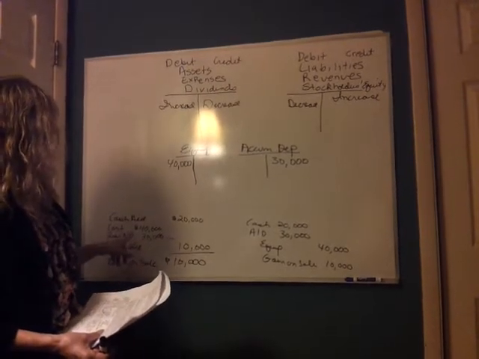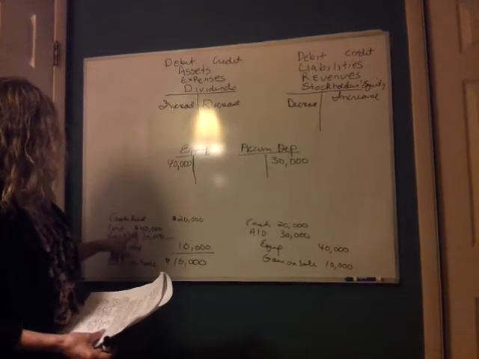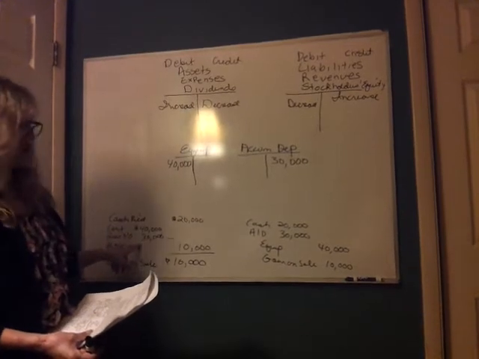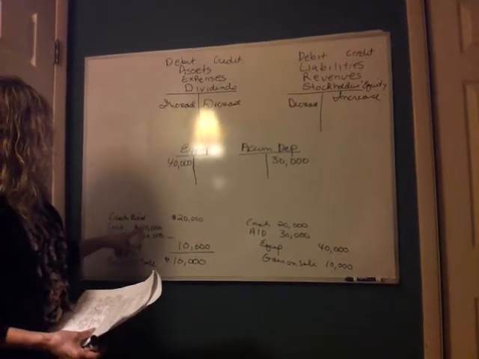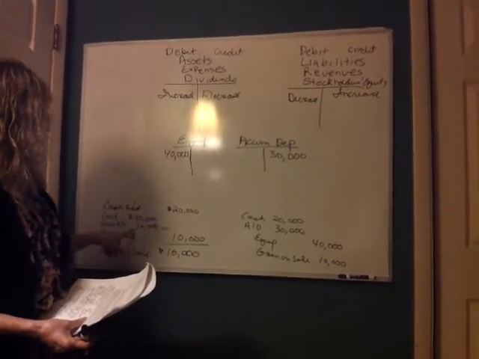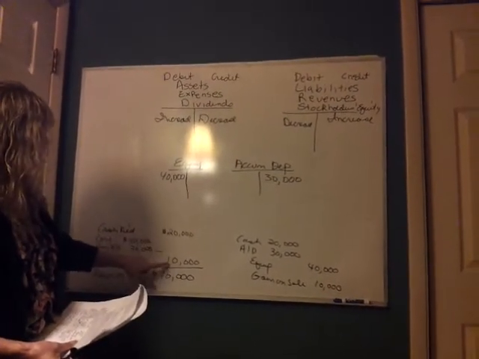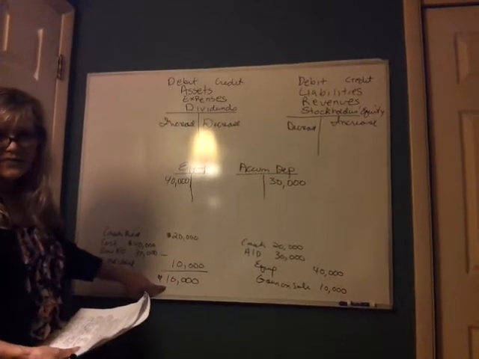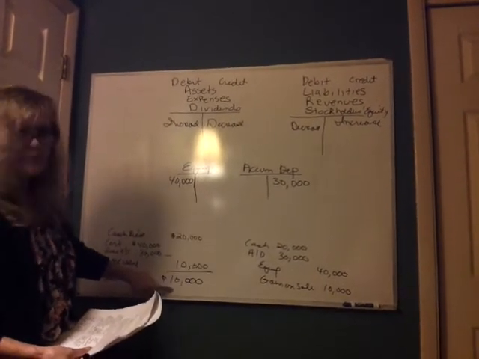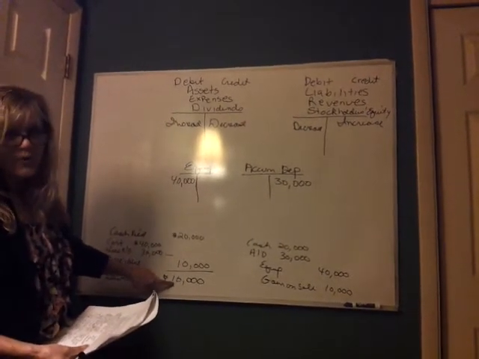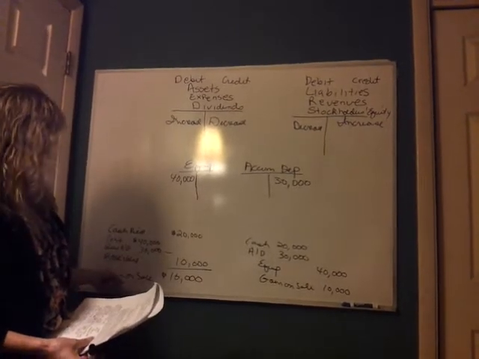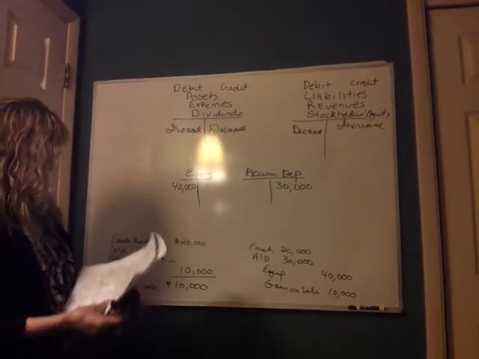To determine the book value, you take your cost and subtract your accumulated depreciation. So $40,000 minus $30,000 equals $10,000. $20,000 minus $10,000 is $10,000. If you end up with a positive number here, you have a gain. So here we have a gain on the sale of $10,000.